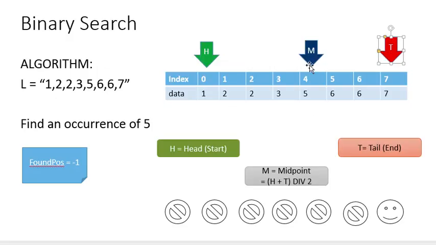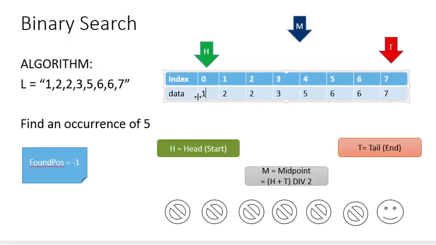I begin by looking at the element midway, which we calculate by always taking the head plus the tail positions and doing integer division by 2. In this case, element 0 plus 7 is 7, 7 div 2 is 3. So my M marker, my midpoint, would point to element 3.